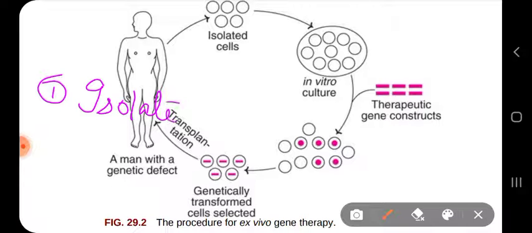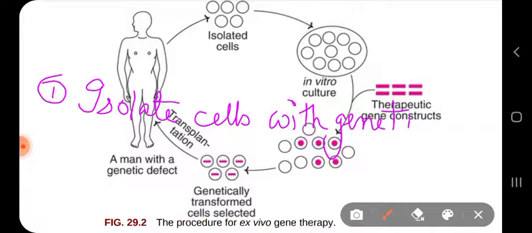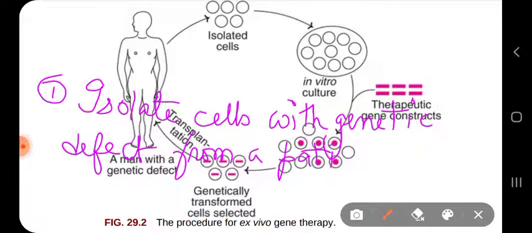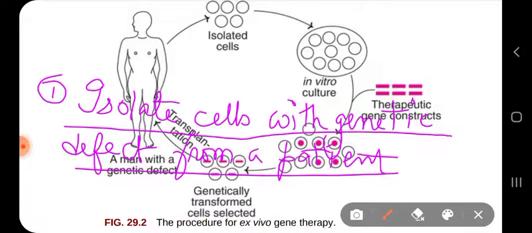The cells which have a genetic defect, it may be tissues also, from a patient. So the first step is isolating the cells with a genetic defect from a patient. This is the first step.